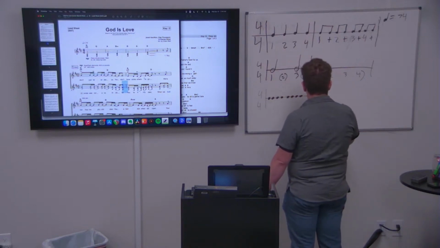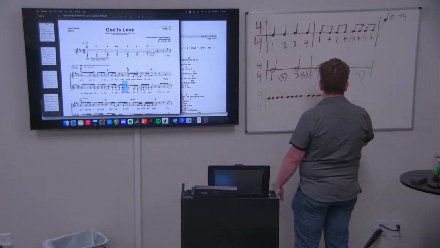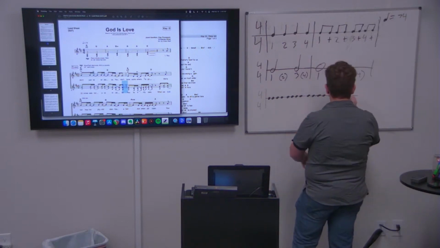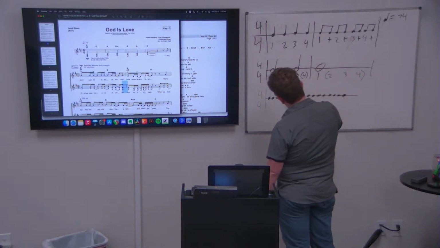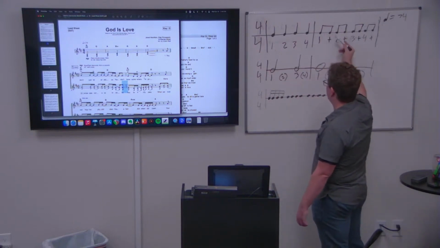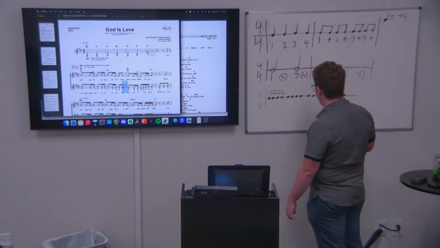5, 6, 7, 8, 9, 10, 11, 12, 13, 14, 15, 16. Okay, so you can write 16th notes by bringing them all together and tying them together with 2 flags, just like you can tie together 2 8th notes with a single line, a single flag that connects them together.